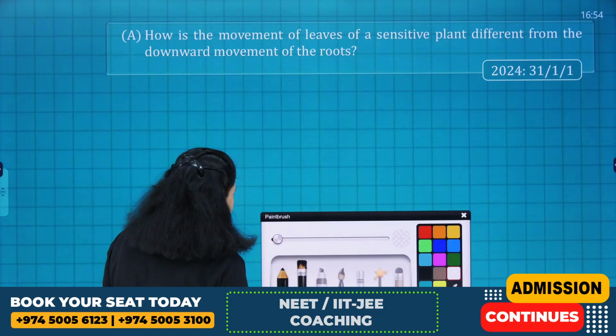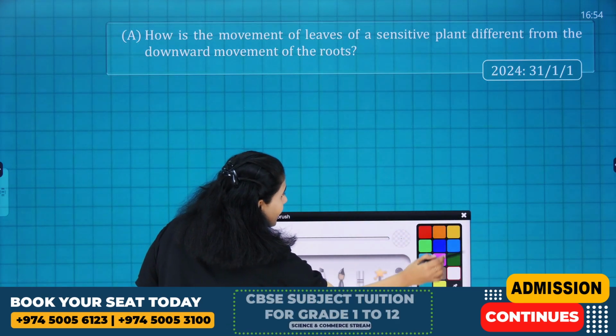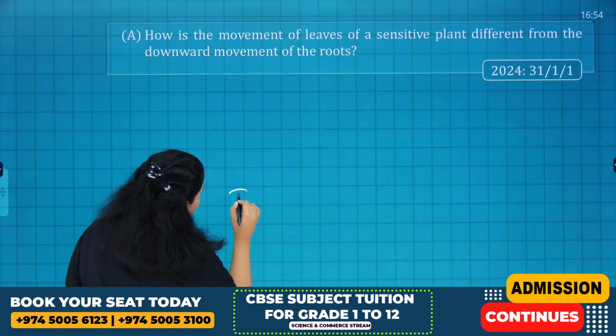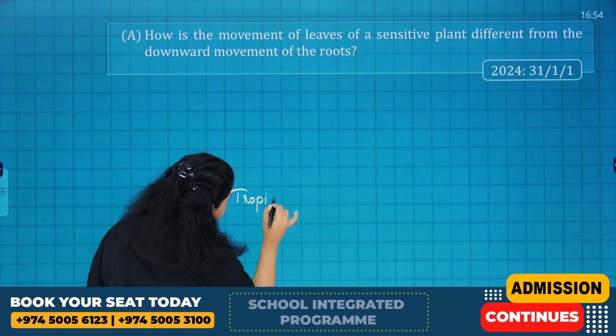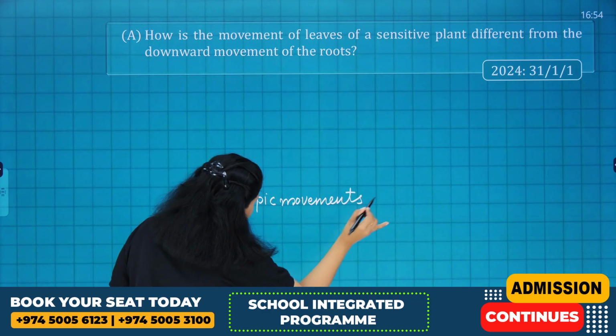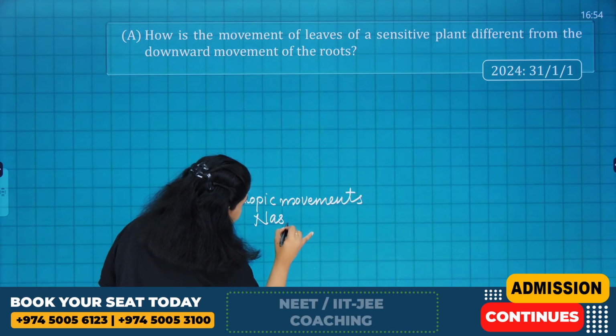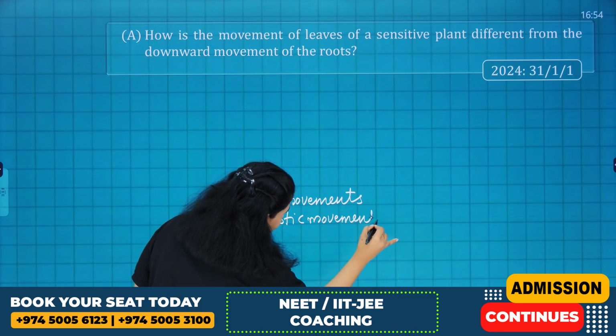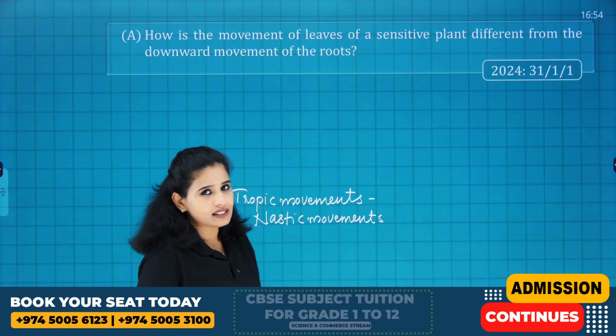In this chapter, we have learnt two types of movements. Which are the two types of movements? Tropic movements and nastic movements. What are tropic movements?